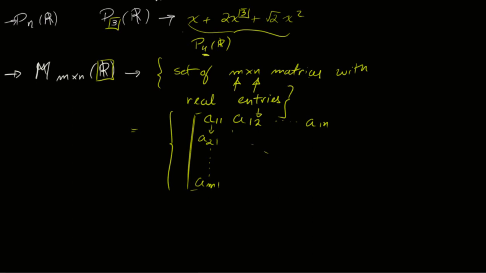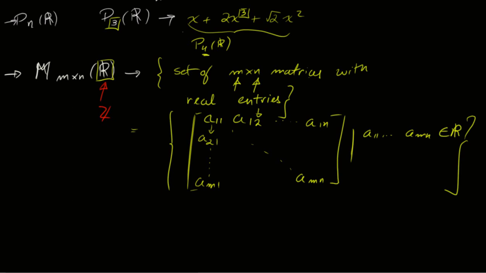And then on its diagonal, we could have Amn. And what we typically say is that this is the matrix such that A11 through Amn belong to the real numbers. So all of its entries are real. Again, if this R here was, say, Z, which is allowed, you would have to say the matrices with integer entries, not real entries.